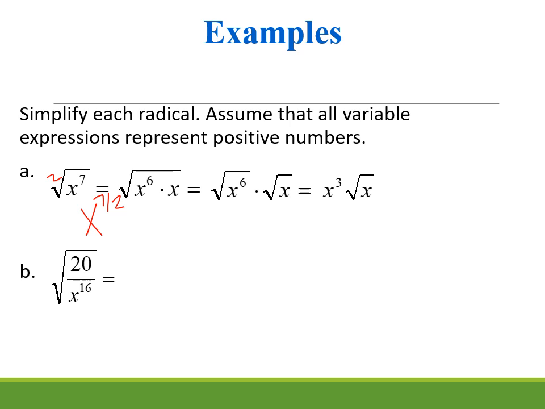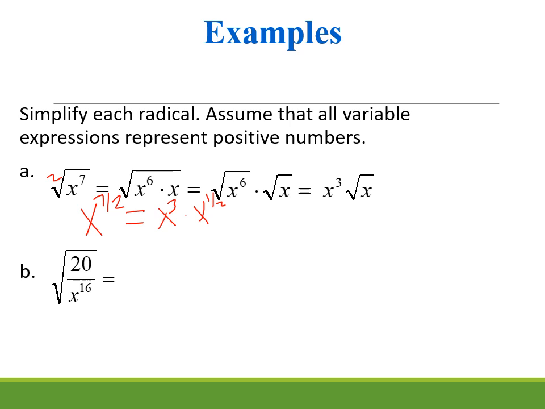So you're asking yourself, what is 7 divided by 2? Well, 7 divided by 2 is 3, and so this would become x to the 3rd. And then you're left with 1/2 left over, right? 1 out of 2 left over. So that gives you x to the 3rd, and 1/2 means you're taking the square root of x.